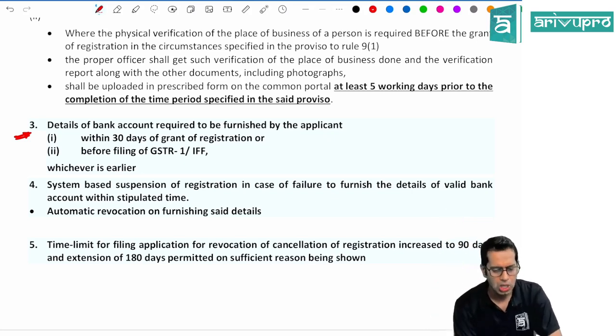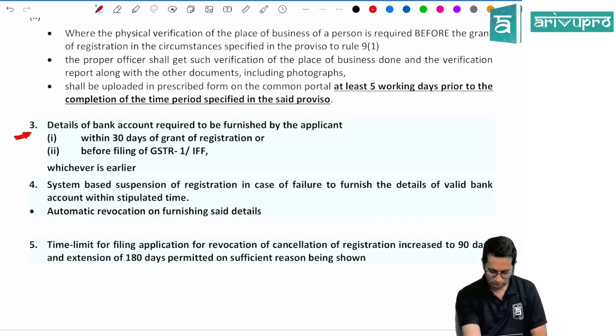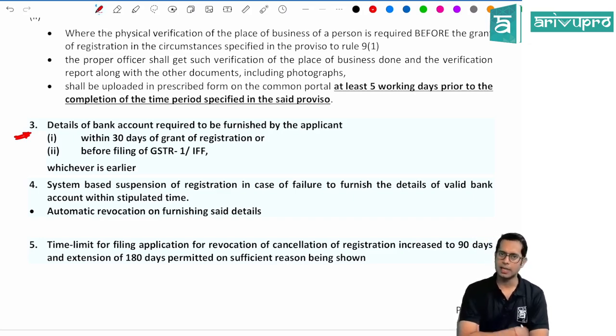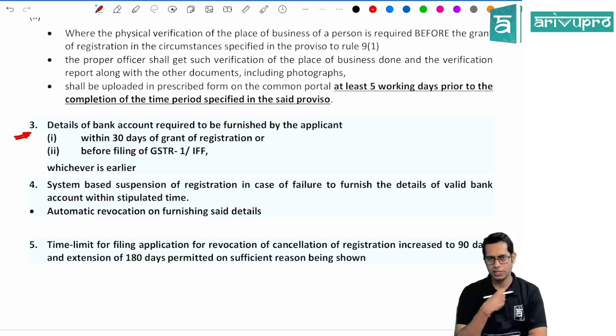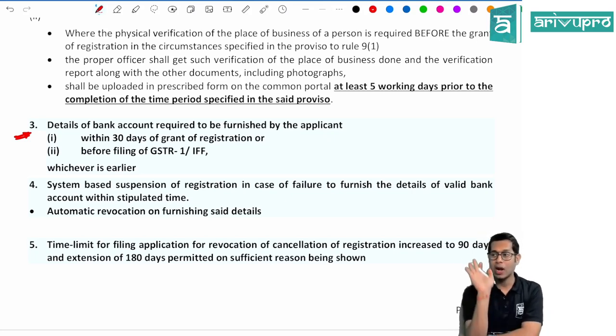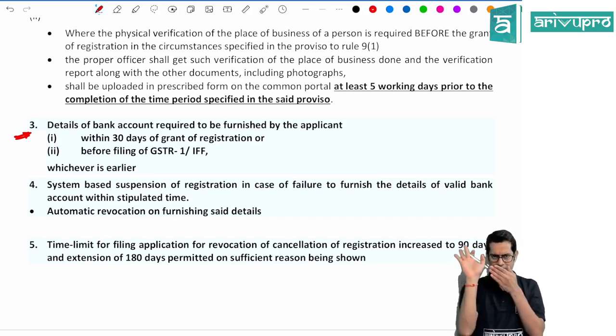When I was applying for registration, I also had to give my bank account details. Say I am applying for registration for my company called Priya Sarees. At the time of making the application under GST law, I also had to attach the bank statement of Priya Sarees, or a cancelled cheque, giving my bank account details to the government.